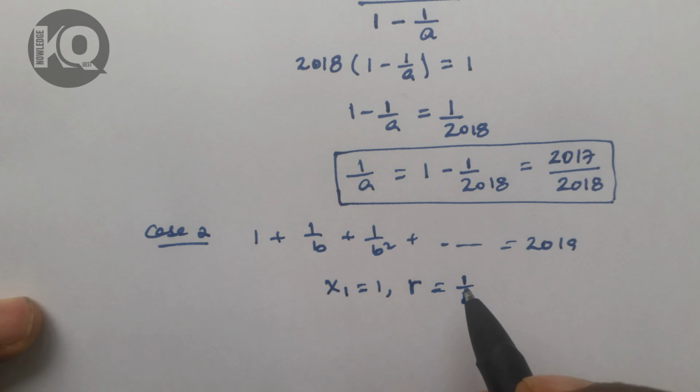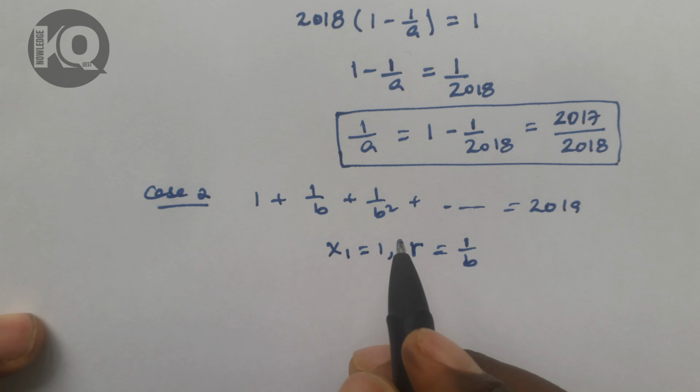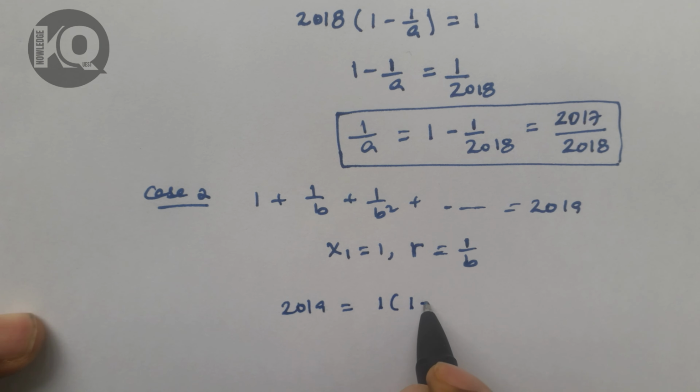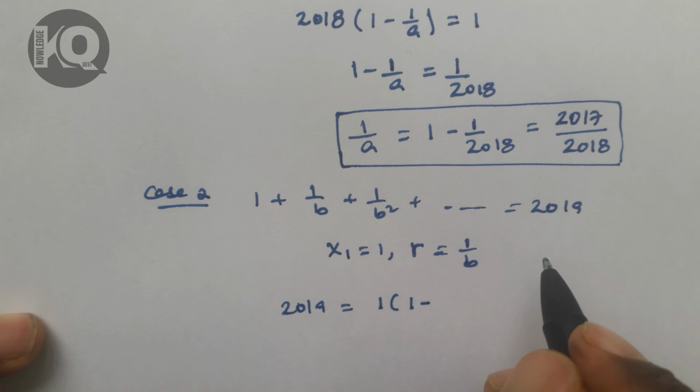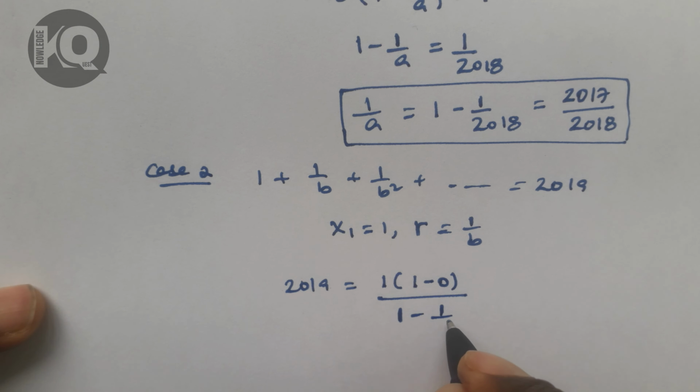So we can use the sum of a geometric sequence as well. The sum of n terms is 2019, which is equal to the first term 1 into 1 minus r to the power of n, which is 1 over b to the power of n, so approximately 0, divided by 1 minus 1 over b.